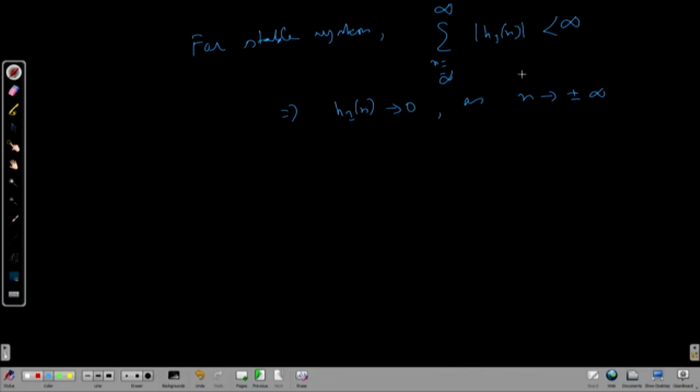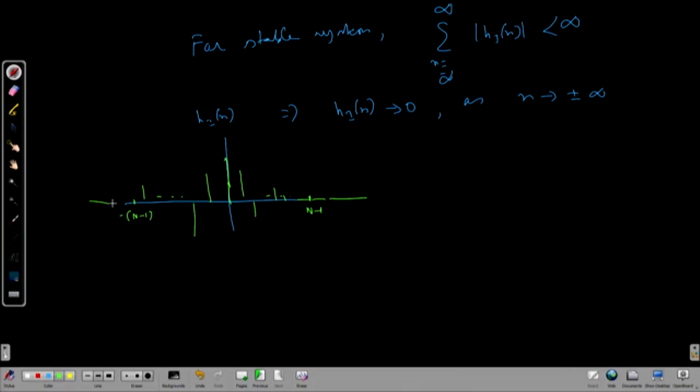So, therefore, if you are looking for a non-causal but stable system, one thing is there, that Hin will have values like this, but it will go down, maybe up to some n minus 1 and minus n minus 1, like this, and after that 0, 0. All right.